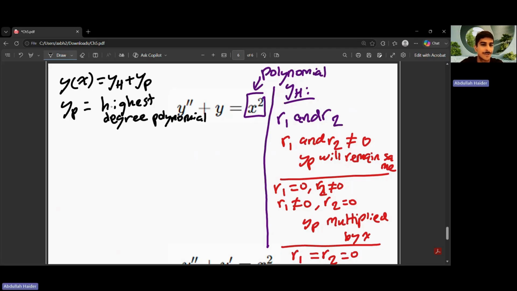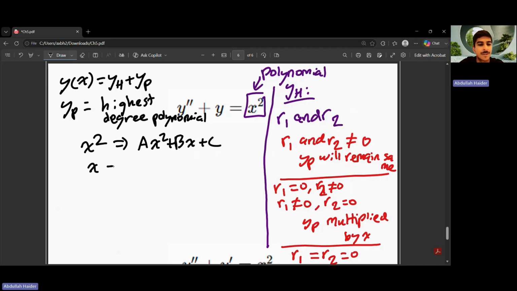I might not sound right, but if you have x squared on the right side, then this means you will have ax squared plus bx plus c.